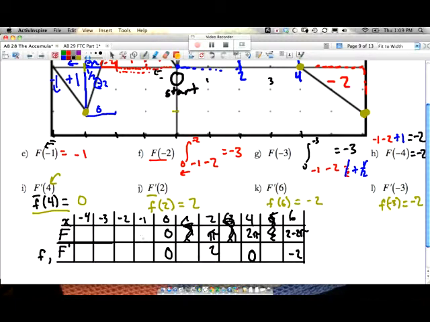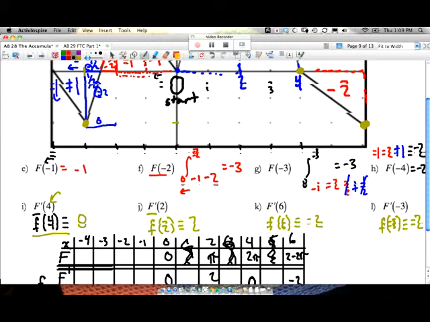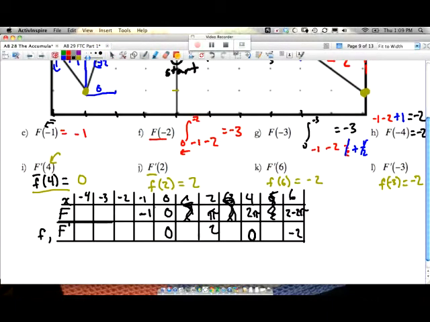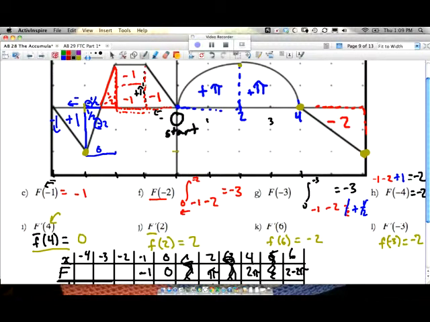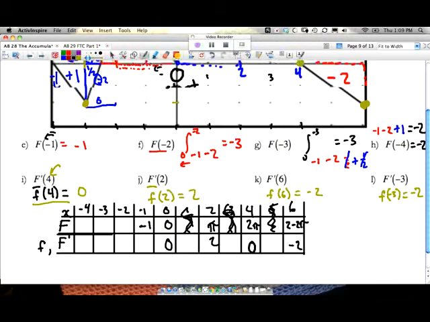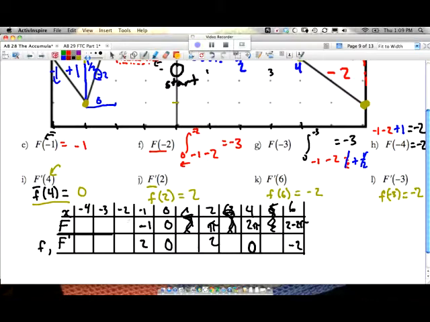At -1, we had an area. This was actually a positive, no, a negative. It was a negative area. So that was -1. But if we look at it, it's kind of above the x-axis. That was kind of interesting. So it's above the x-axis at 2. That's a positive number.